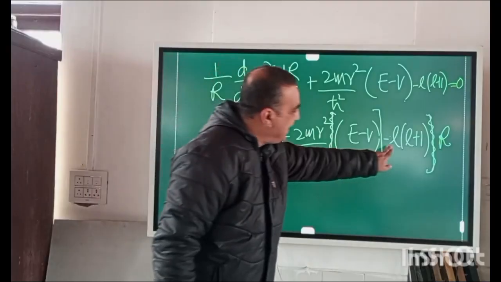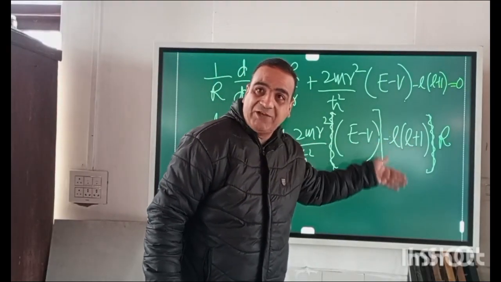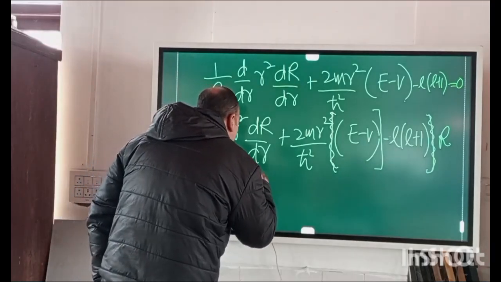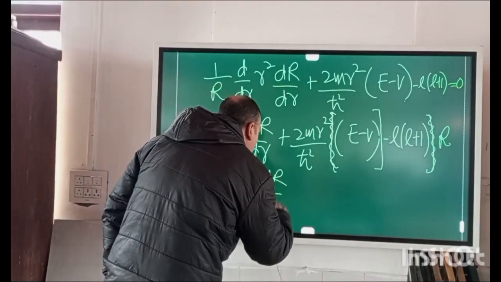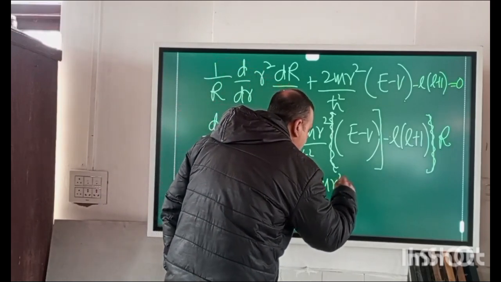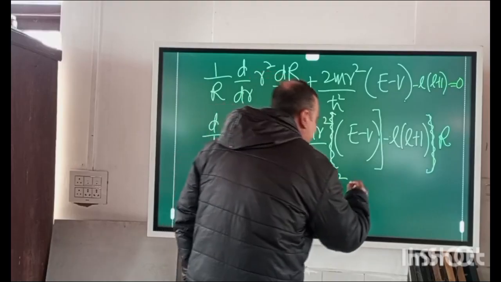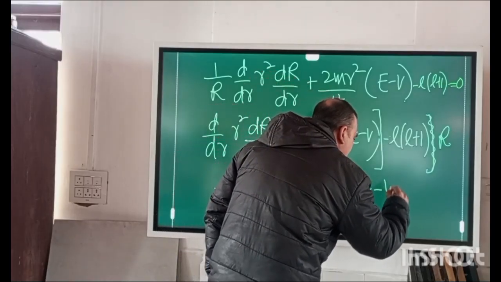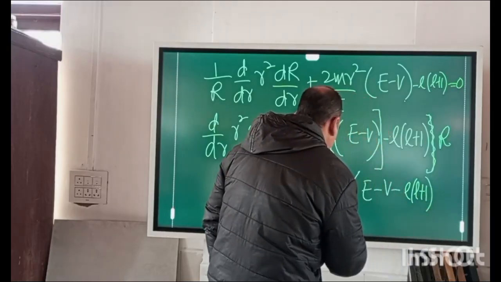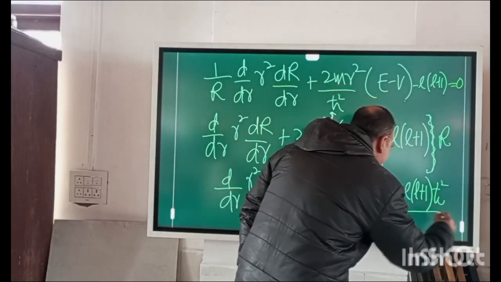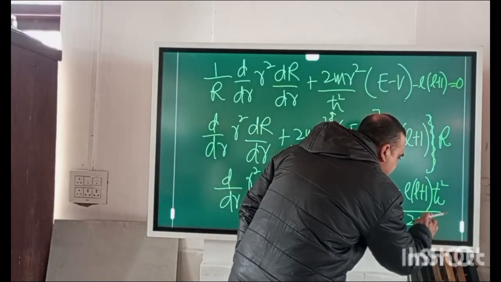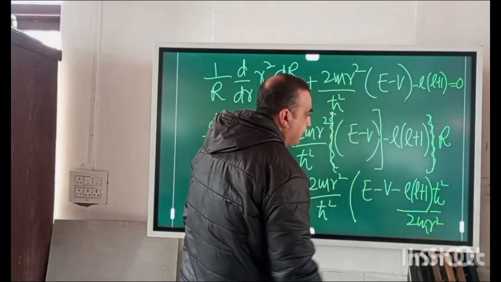Alright, now let us bring L into L plus 1 into the actual bracket. How will we do that? This is d by dr of r square dR by dr, plus 2m r square by h bar square times E minus V minus L into L plus 1, h bar square multiplied and divided by 2m r square, and close the bracket.